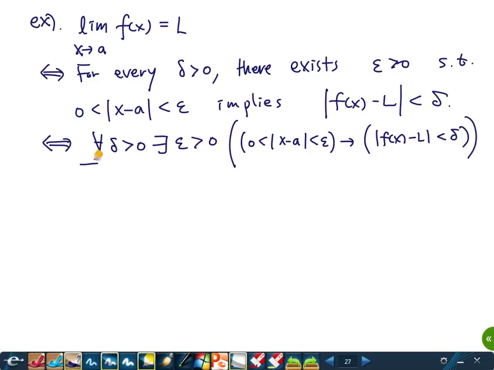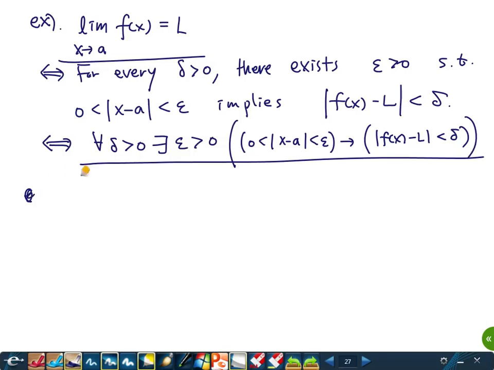So this is the definition of the limit using this logic notation. When you learn calculus in high school, you don't use this definition, but you use a more intuitive way to define this, but not very correct, not very precise.